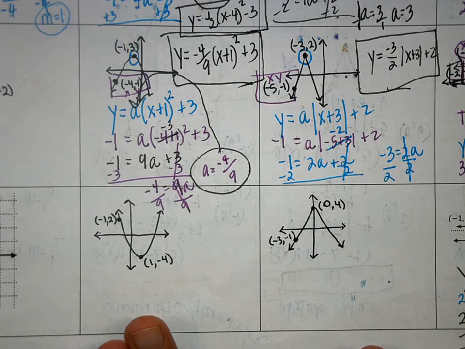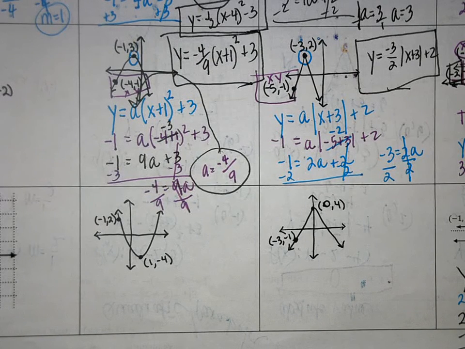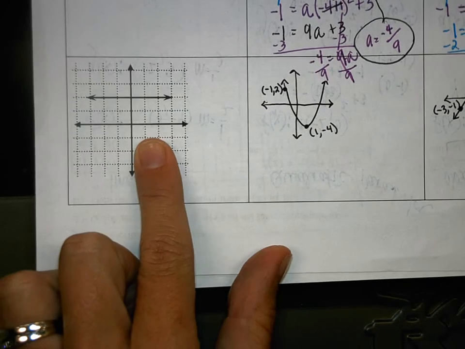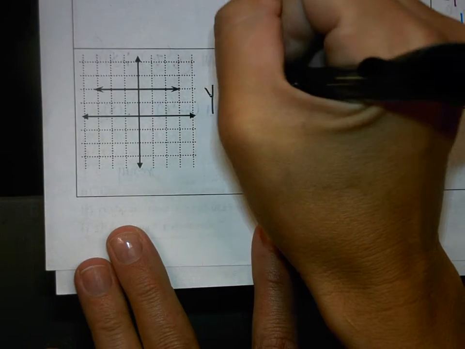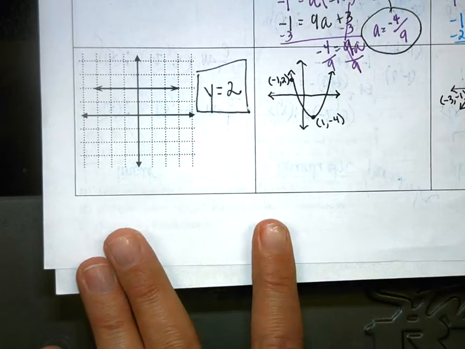Any questions? Okay, what will this line, what's the equation of this line down here? Y equals 2 is correct. There's nothing more you have to do on that one.